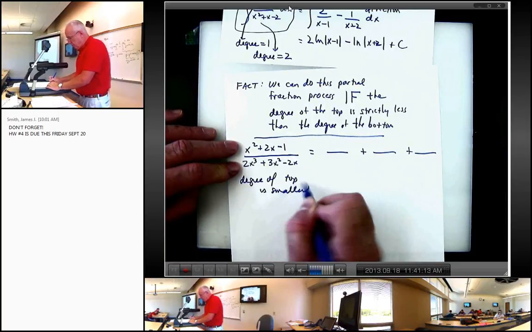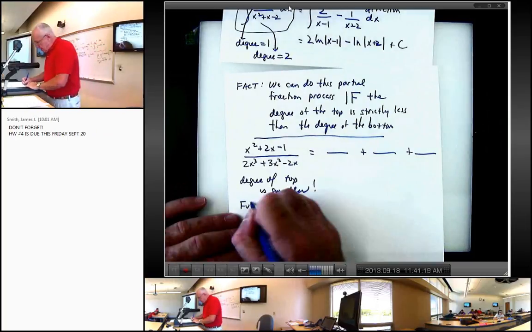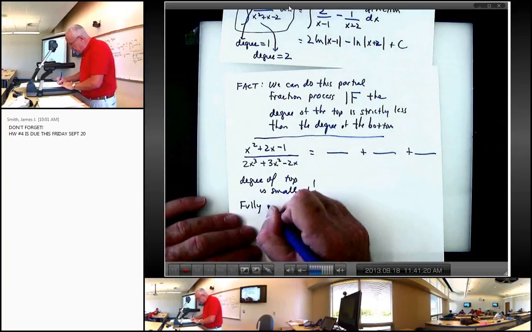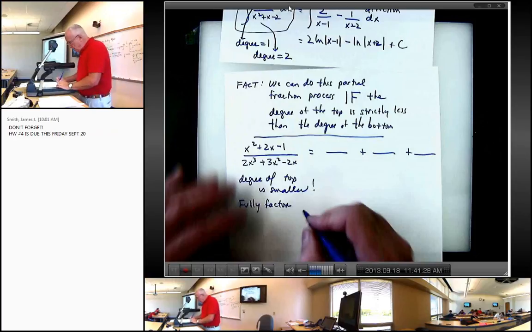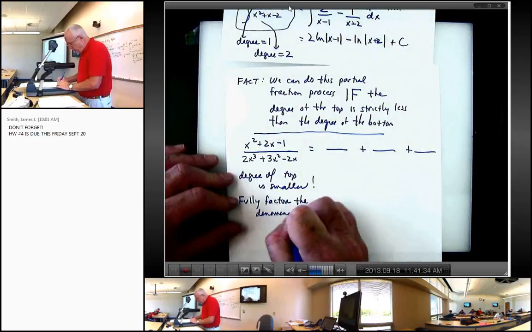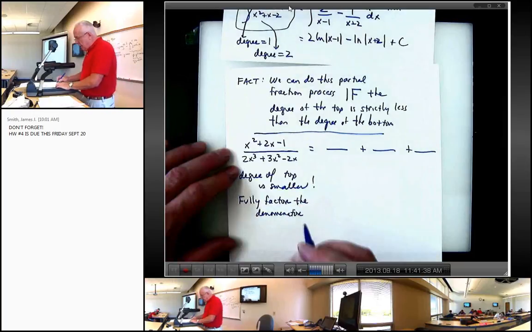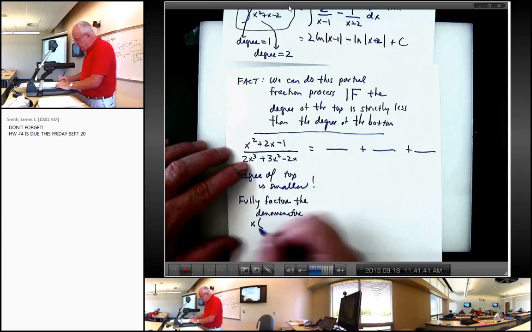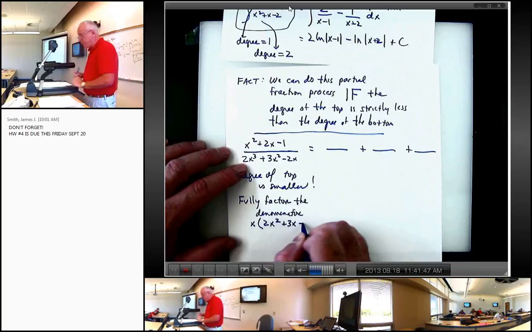Now, we have to fully factor the denominator. I'm probably going to give you the denominators already fully factored on the exam, but in this case, we have to factor it. There's an x I can take out of each term, so it's x times 2x squared plus 3x minus 2.